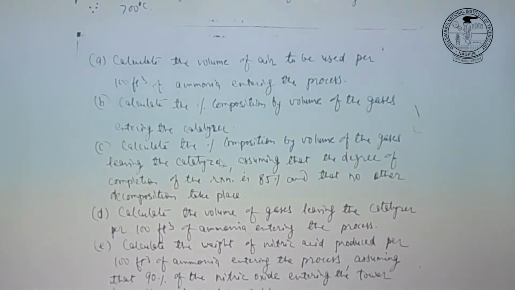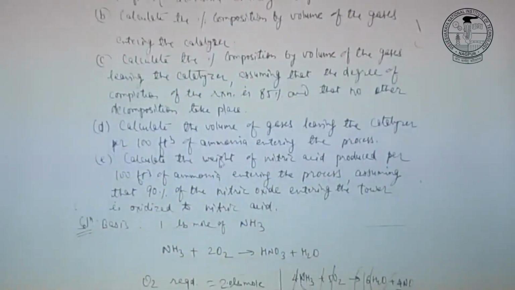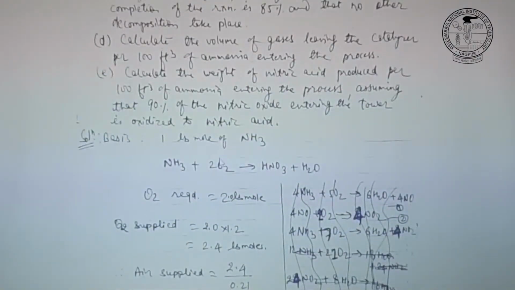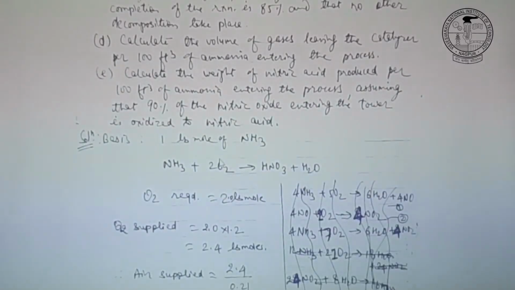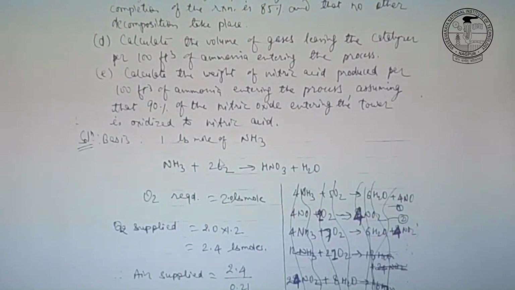Then part D, calculate the volume of the gases leaving the catalyzer per 100 cubic feet of ammonia entering the process. And in the last part, part E, we have to calculate the weight of nitric acid produced per 100 cubic feet of ammonia entering, assuming that 90% of the nitric oxide entering the tower is oxidized to nitric acid, right?